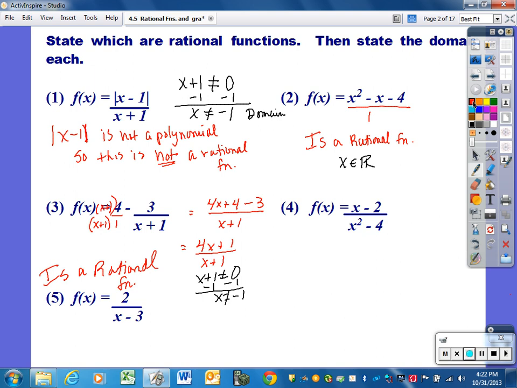Number 4, are x minus 2 and x squared minus 4 polynomials? Yes, so this is a rational function. The domain, x squared minus 4 cannot be 0. Add 4. x squared cannot be 4, square root. x cannot be plus or minus 2.